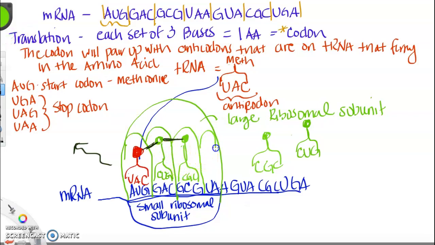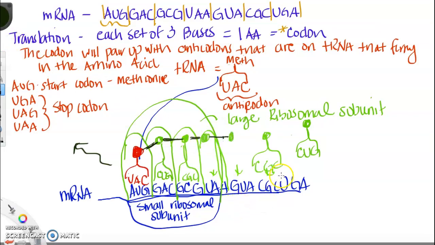And then another one will come in. And the mRNA will continue to go through to match up with these tRNA anticodons. So this one will match, then this one will match, then this one will match, and it will create a protein.